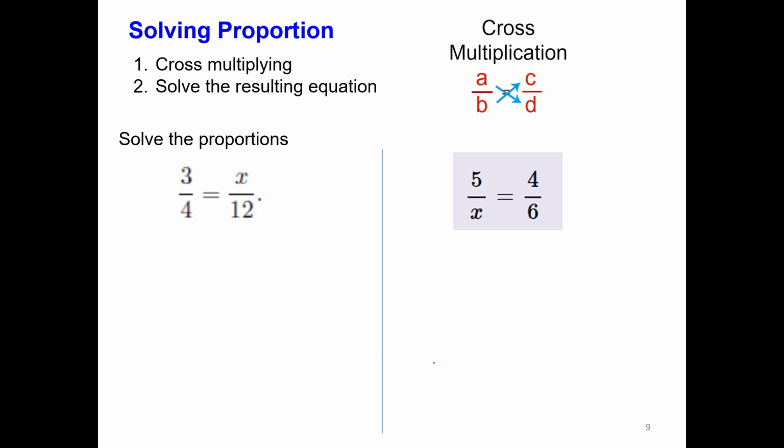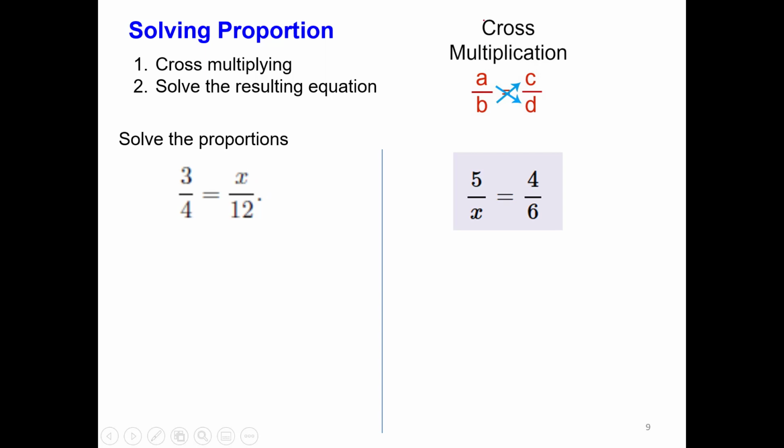The next thing we want: we know the product of the extremes must be equal to the product of the means. This property is called the cross product or cross multiplication. And we can use this property to solve proportions in which one of the terms is unknown. For example, in this case, we have a proportion, but we don't know one of the terms.